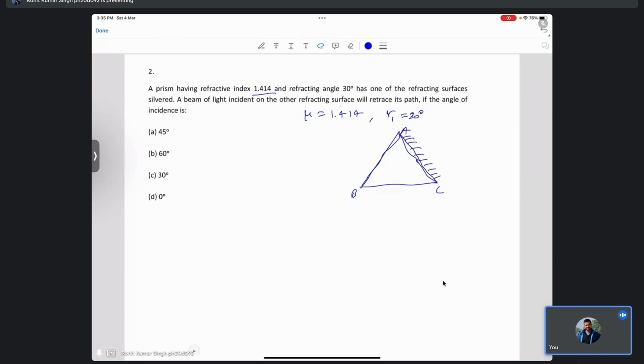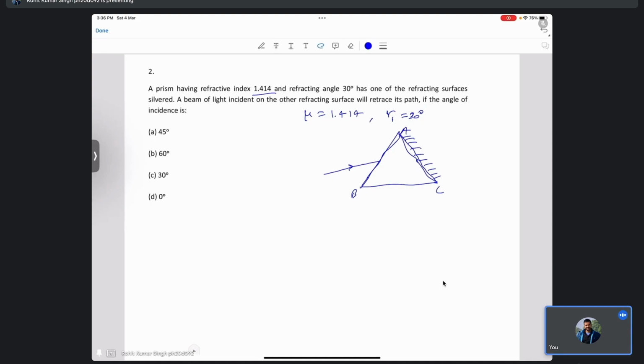Silvered means it will reflect all the light that is incident on it. So a beam of light is incident on the other refracting surface. Suppose this is the beam of light coming. And it's saying that it will retrace its path.